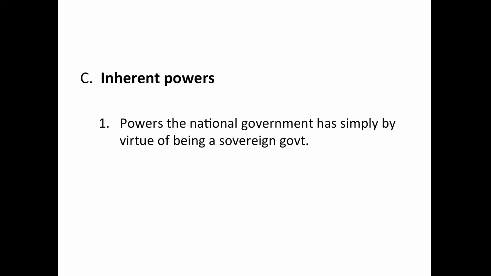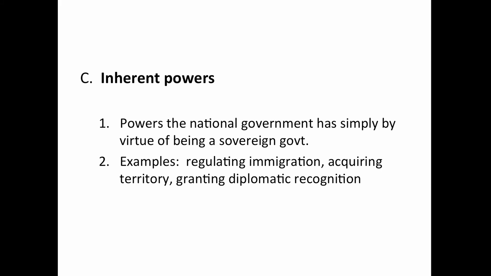So these are kind of like no-duh powers, I guess you can say. So they have these simply by virtue of being a sovereign government. So what are some examples of these? Immigration, acquiring territory, maybe granting diplomatic recognition.